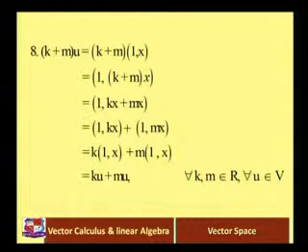We use the definition of addition which is given in the statement of the example. So (1, kx) plus (1, mx), and in the next step we use the definition of scalar multiplication for the example: k into (1, x) plus m into (1, x), that is equal to k into u plus m into u. That is also true for all k, m belonging to R and for all u belonging to V.